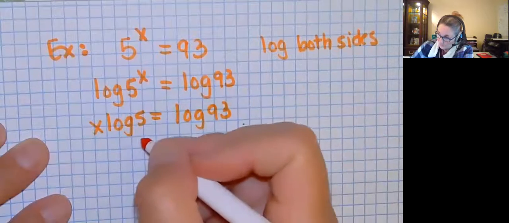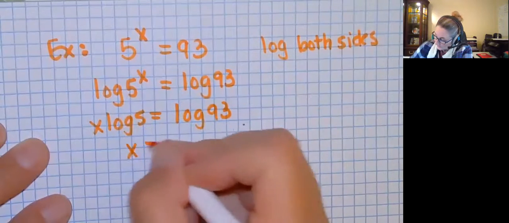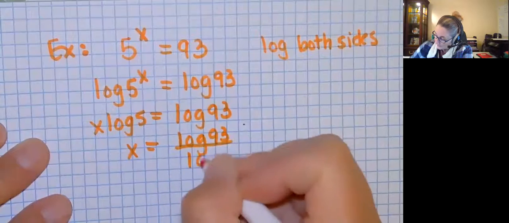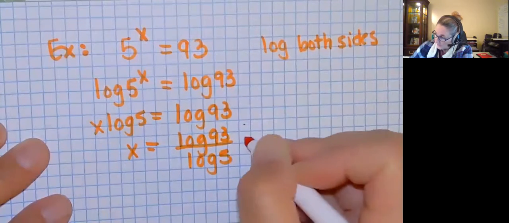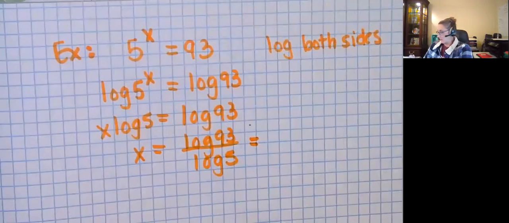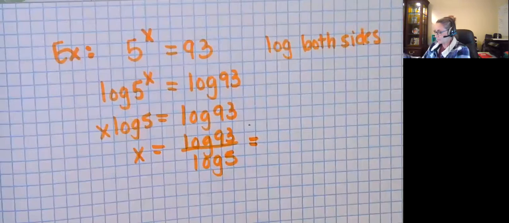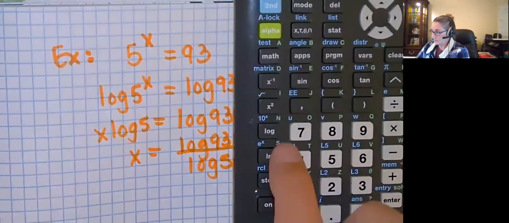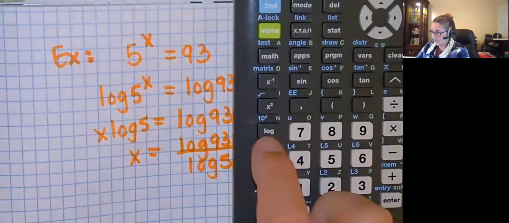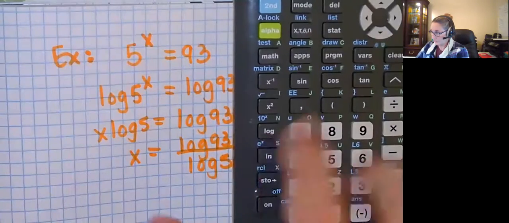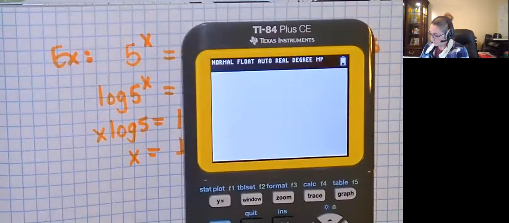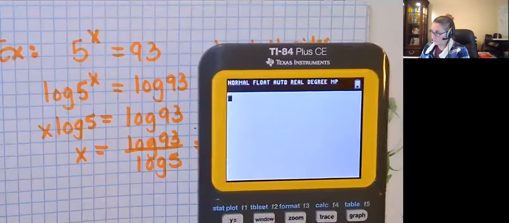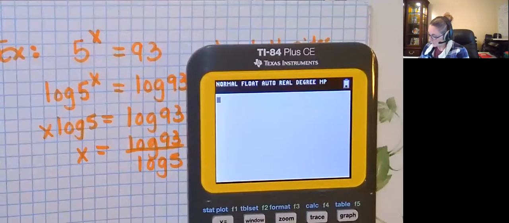I'm going to divide both sides by log of 5. So I'm going to take log of 93 divided by log of 5. And I'm going to be putting that in my calculator. So again, this button here is my log base 10, my common log button. So I am going to do log of 93, divided by log of 5.